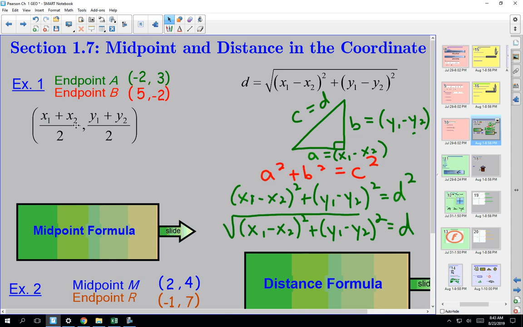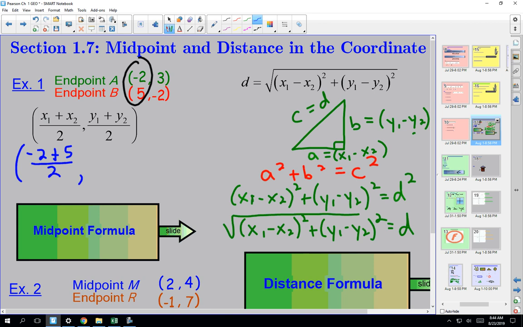All right, let's see if we can do that. We've got example 1. Endpoint A is negative 2, 3. So keeping in mind that the x1 and x2 would be these two right now, I'm going to just pop them into the first part of the midpoint equation. So it looks like this: negative 2 plus 5 over 2.